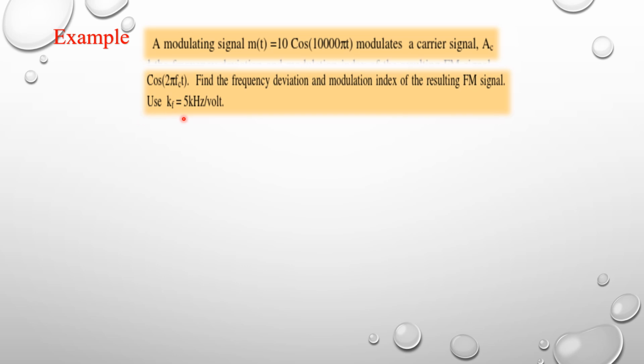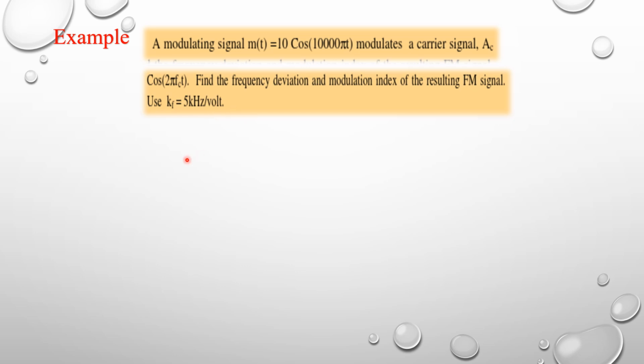Use Kf equal to 5 kHz per volt. So the given modulating signal m of t is 10 cos 10,000 pi t, the carrier signal c of t is Ac cos 2 pi Fc t, and the given sensitivity factor Kf is 5 kilohertz per volt.